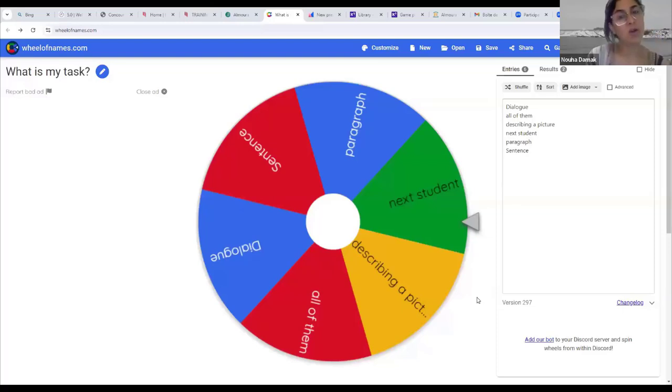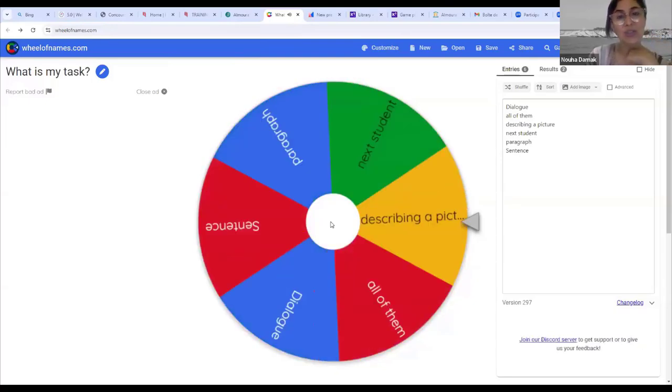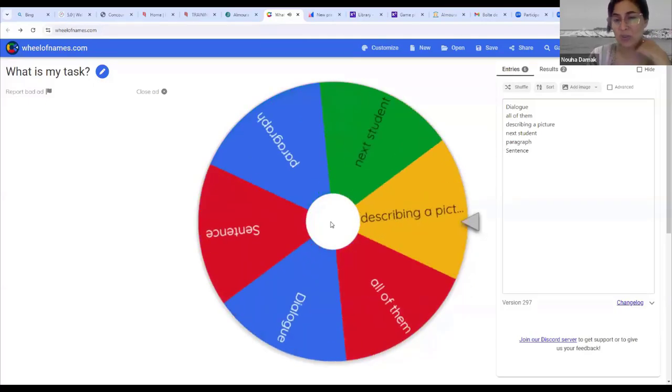So, I can say that all of you are going to participate, and we start one by one. Who's first? Or shall I assign someone? I'm going to assign someone, or any volunteer will start, and then I'm going to spin the wheel like this, to choose the activity they are going to do.